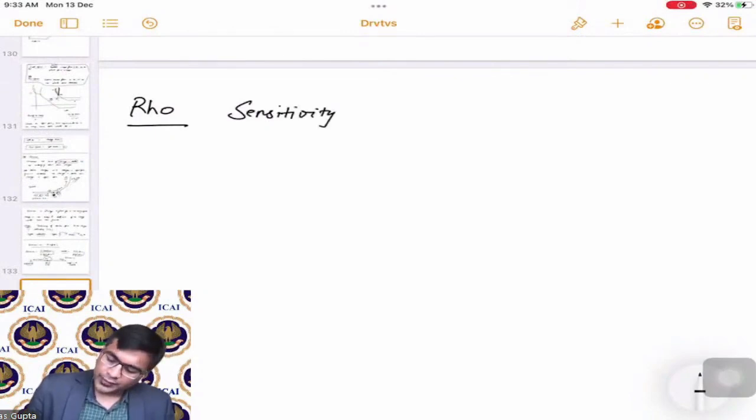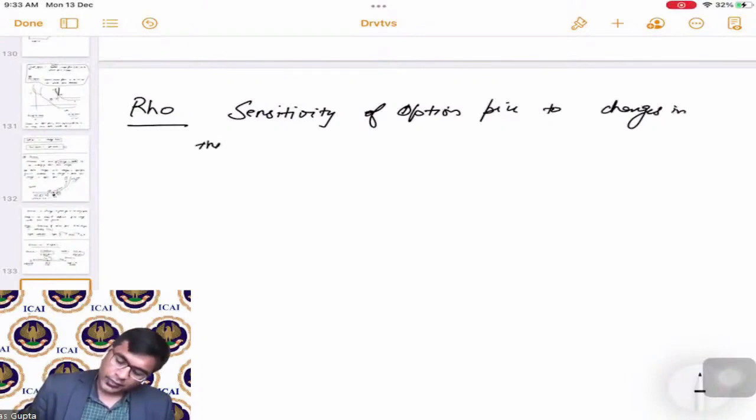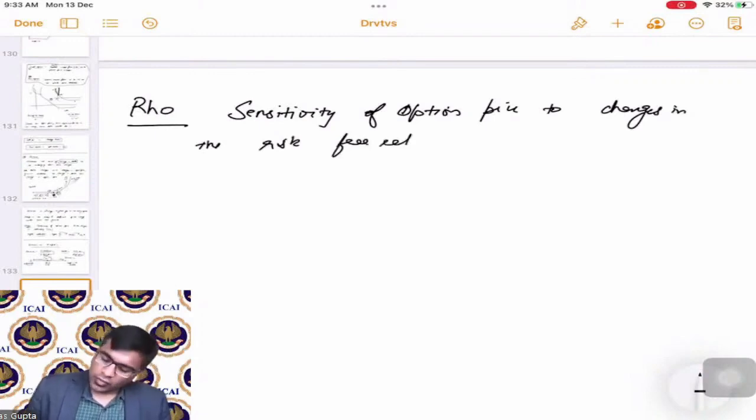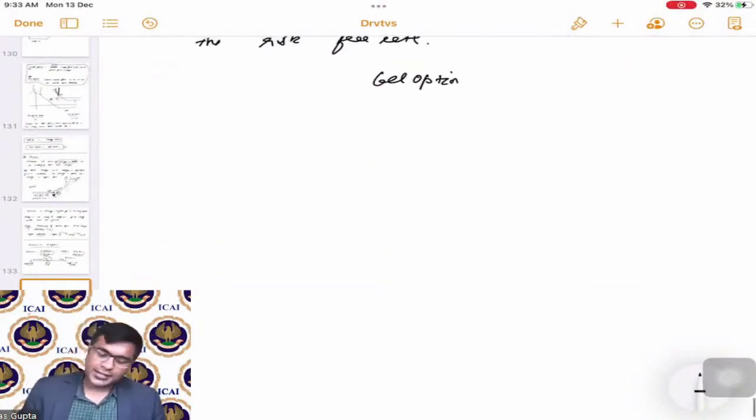Sensitivity of option price to changes in the risk-free rate. Now, what happens here is call option. With the formula itself, we can understand what impact it creates.